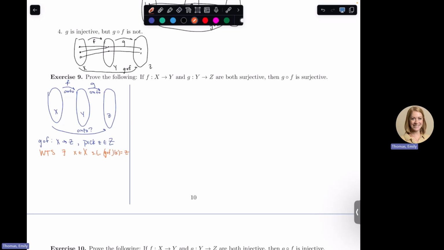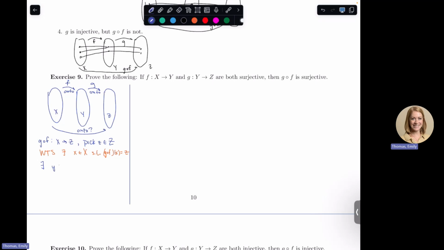Okay, so what do I know about this element z in big Z? What do I know about it? It has a preimage where? In Y. Why? Because what's onto? Yep.